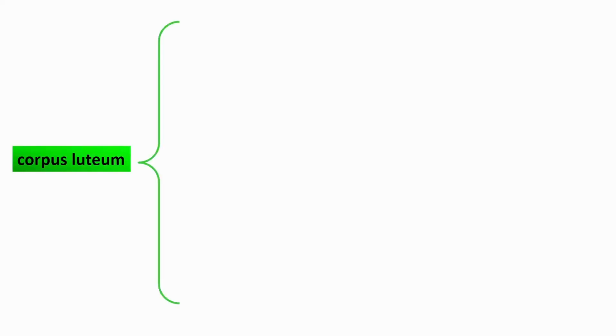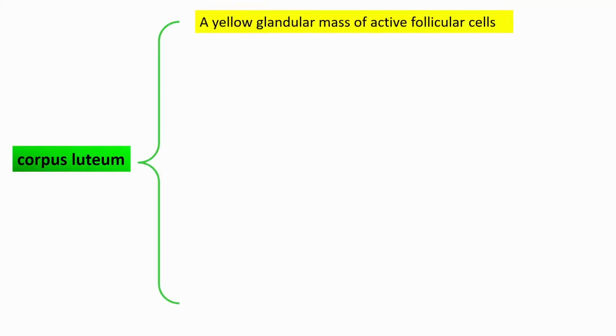And let's have some very basic facts about the corpus luteum. What is the color of the corpus luteum? It is a yellow color. How do I describe it? It is a glandular structure. What is it made of? It is made of active follicular cells.